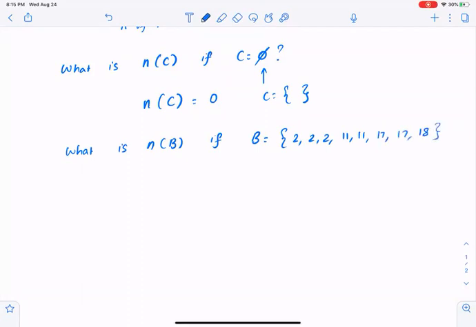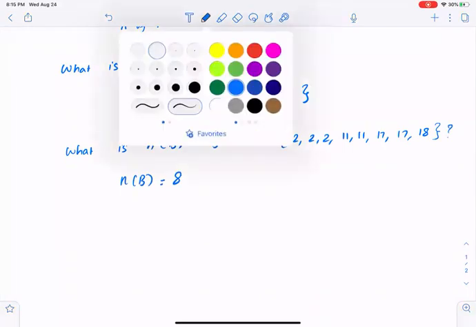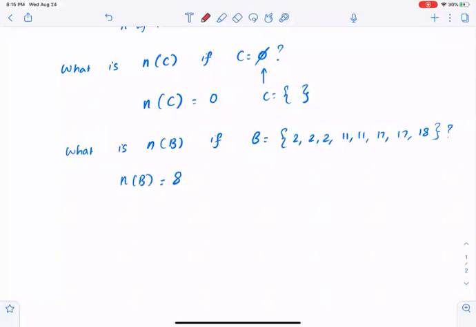So a common mistake is to write the cardinality as 8, because there are 8 elements in the set, but that is incorrect.